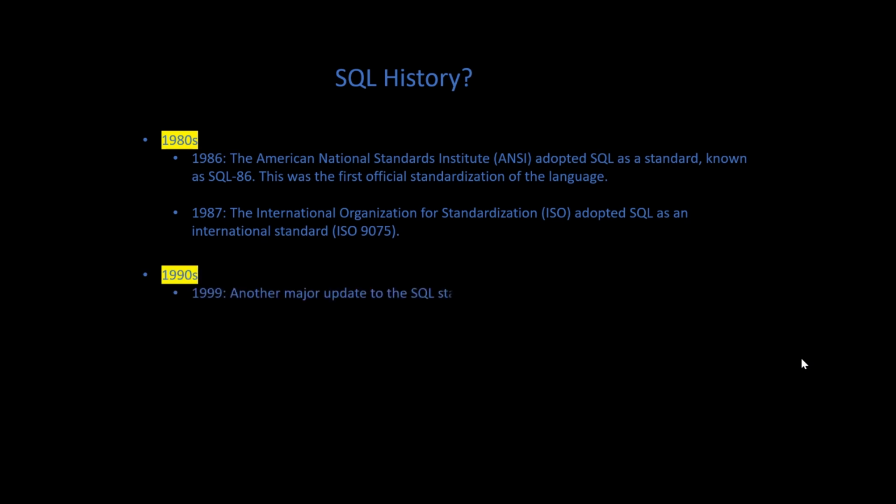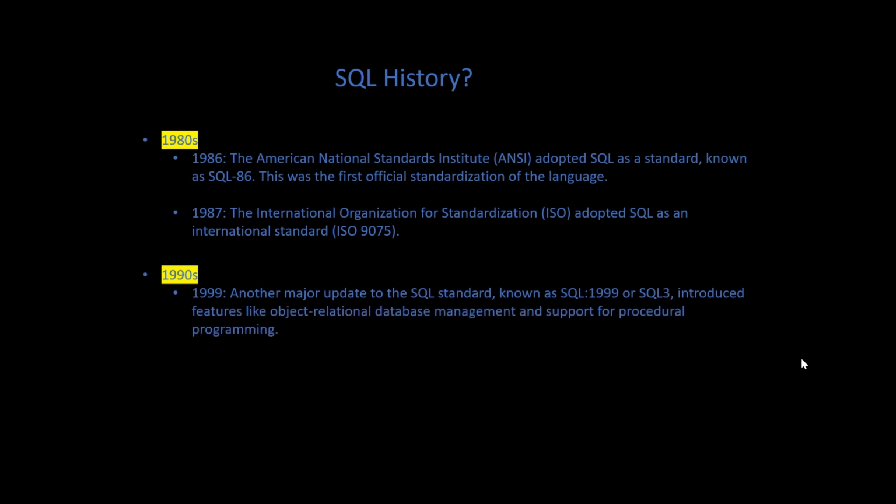In 1999, another major update to the SQL standard, known as SQL:1999 or SQL3, introduced features like object-relational database management and support for procedural programming. In 2003, the SQL:2003 standard was released, introducing XML-related features to support XML data integration.